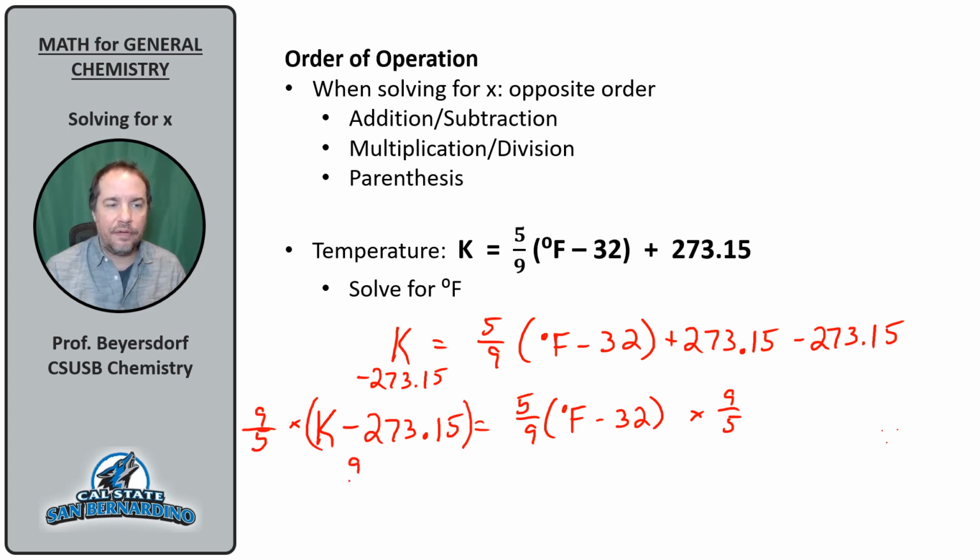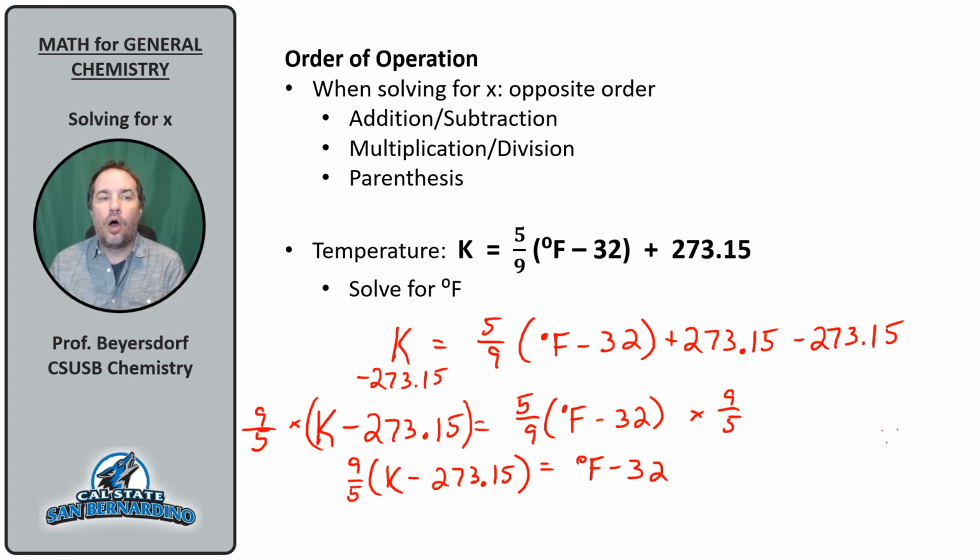So I'd get 9/5 times the Kelvin minus 273.15 equals degrees Fahrenheit minus 32. And now I can do that operation that was in the parentheses, right? So I add 32 to both sides.